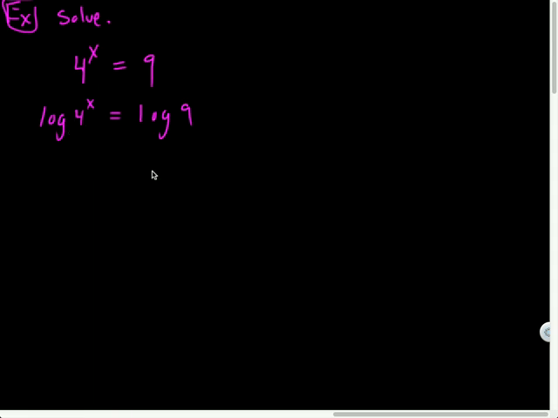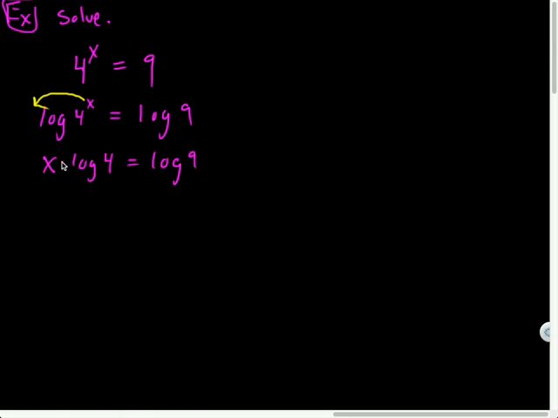So now how could I solve for x? What could I do here? X times log 4 equals log 9. This is why logarithms are so powerful: I can solve for variables within exponents. Because of the power property of logarithms, I can move this x out front, and I would have x times log of 4 equals log of 9.